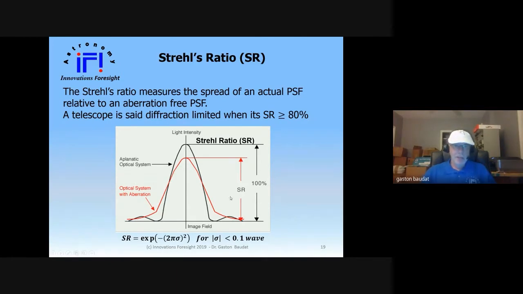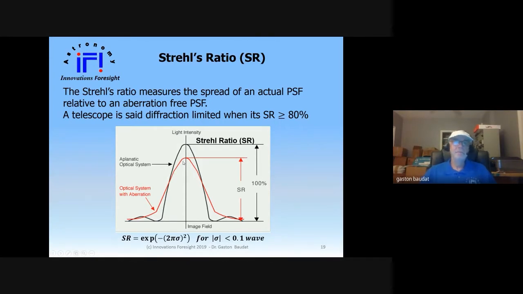Now, that's not taking seeing into account, right? I'm still in space. I can get the Strehl ratio from measurement in the lab, for instance. The lower it is, the more light is spread away from the peak versus the perfect optical system, so you get an idea of how good your optical system is.